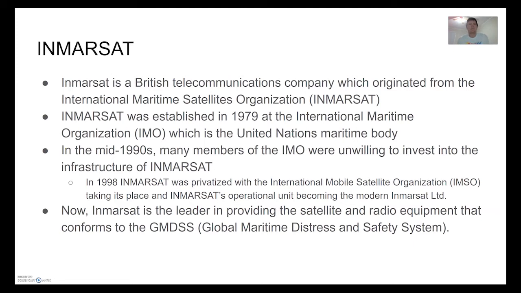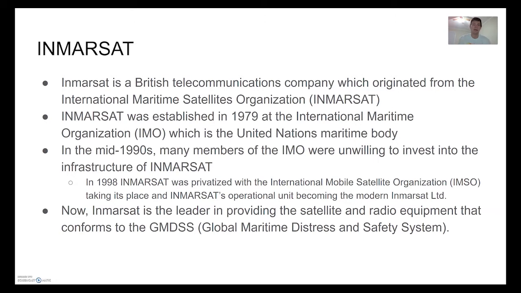So Inmarsat is a British telecommunications company which originated from the International Maritime Satellite Organization. Inmarsat was established in 1979 at the International Maritime Organization, which is the United Nations maritime body. In the mid-1990s, many members of the IMO were unwilling to invest in the infrastructure of Inmarsat.